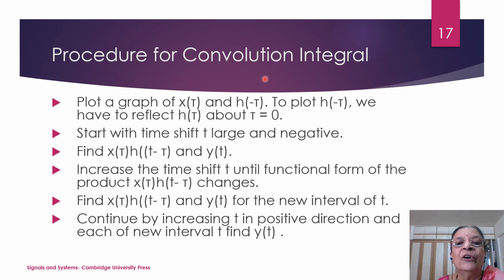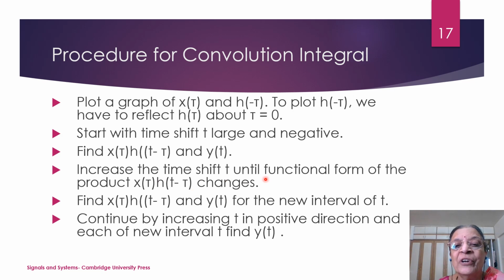So, the procedure for the convolution integral. To find a convolution integral, what do we do? We first have to calculate xtau and h of minus tau. That means you have to take the mirror image of h, reflecting it about tau equal to 0. Start with time shift t large and negative. So we start with a large negative value of t, and go on shifting h of t minus tau towards the right until it crosses the signal xt.